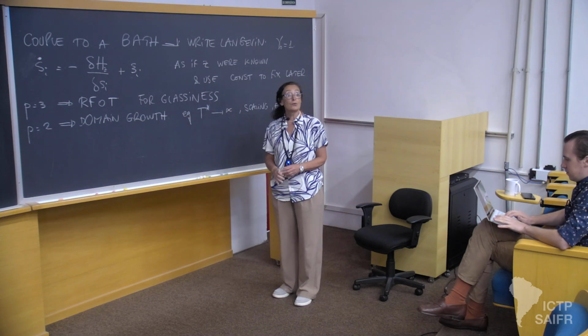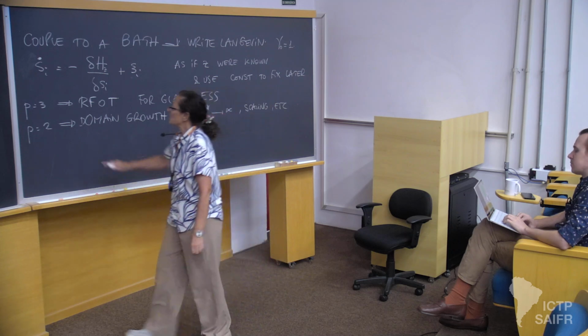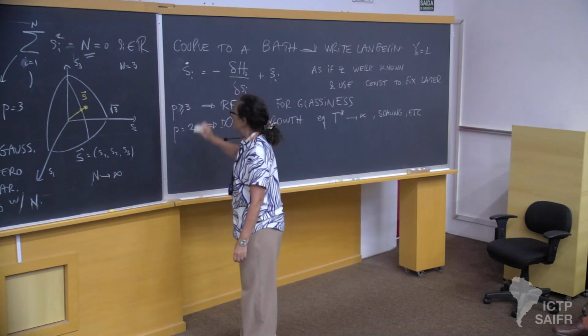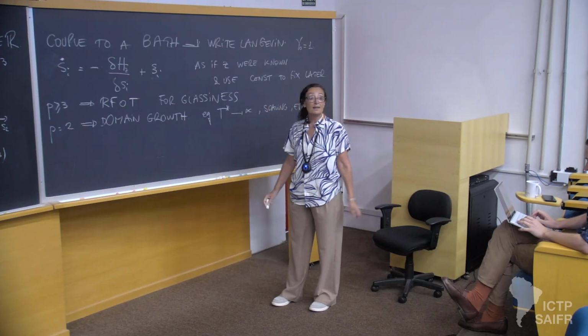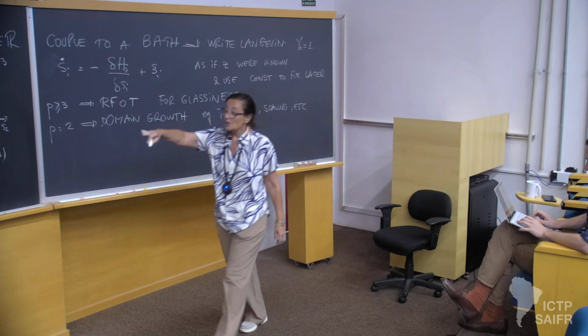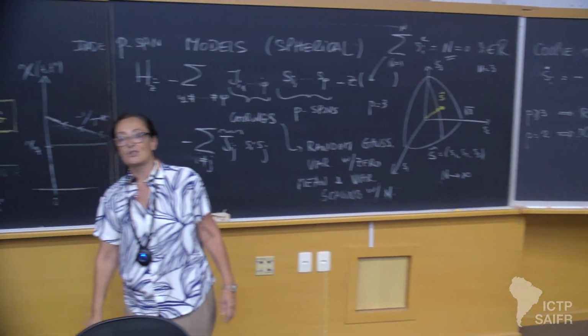Not for p equals 3, it's a different class. For p equal to 3 or larger, you get these other features with this almost first order phase transition, which is not really a first order phase transition.